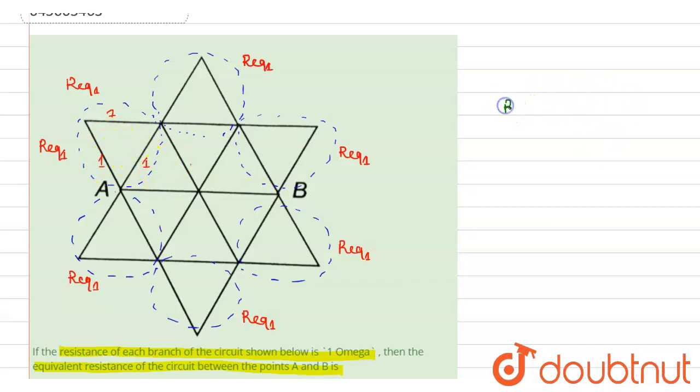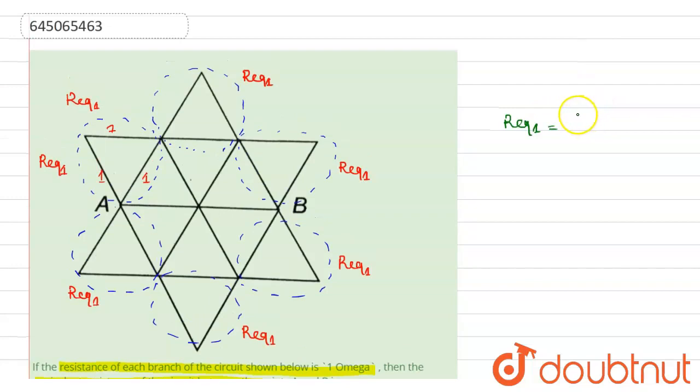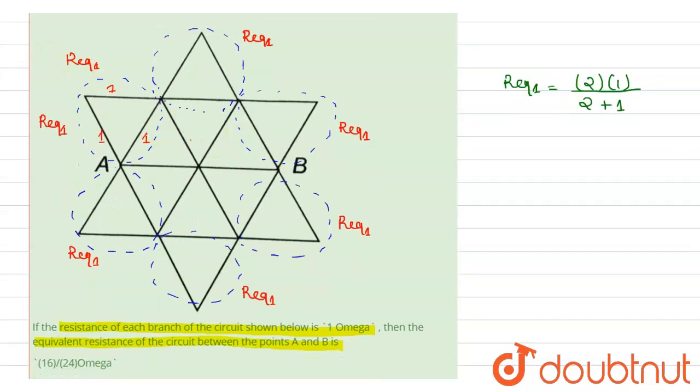So our R equivalent 1 will be 2 into 1 upon 2 plus 1. We find R equivalent this way because they are in parallel arrangement. So our R equivalent 1 will be simply 2 by 3.